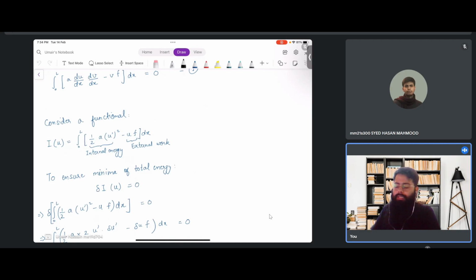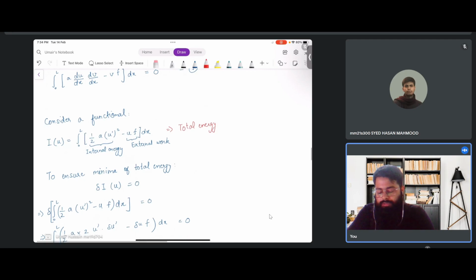This is nothing but the strain energy, and this is considered in general terms as internal energy, and the other part is the external work. So this is nothing but the total energy. For some general problem, this can be taken as the total energy.